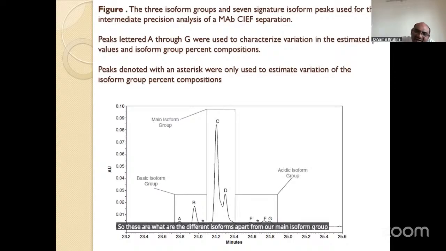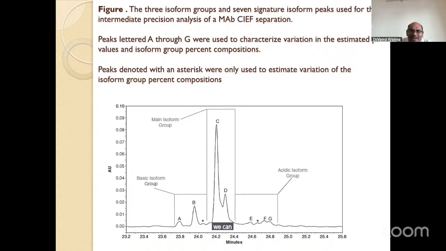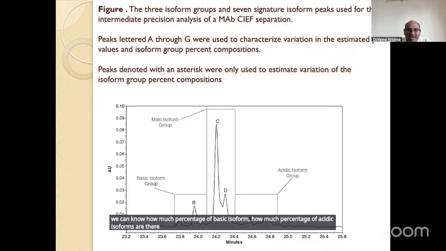These are the different isoforms we observed in the monoclonal antibody, and based upon this capillary isoelectric focusing analysis, we can know what percentage of basic isoforms and what percentage of acidic isoforms are in our monoclonal antibody.